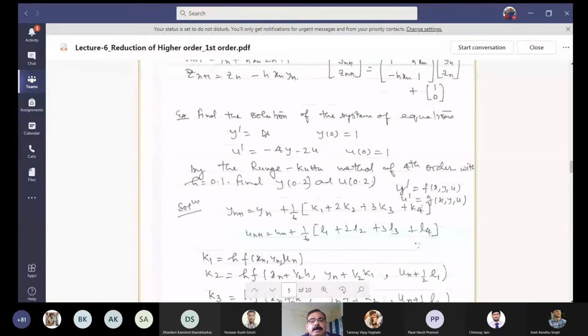Here it is a particular one that does not depend on y. It may depend on y, it may not. But in general, I am writing y prime equal to f of x, y, u. Here f is u only. For the second one, u prime equal to g of x, y, u, that is, g is minus 4y minus 2u. Is that clear? Yes, sir.